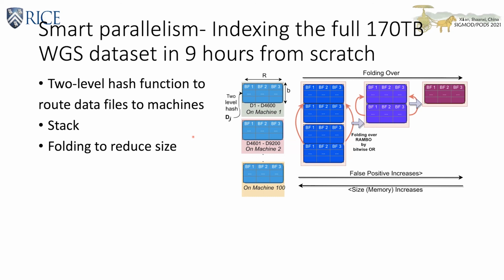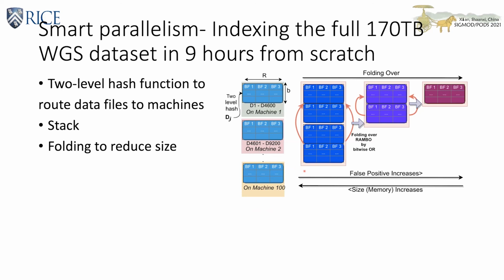Once done, Rambo can be stacked on top of each other, where the number of repetitions remains the same, but the number of partitions becomes B times 100. And accordingly, based on the requirement of false positive rate, this stacked Rambo can be folded by doing an OR operation to reduce the size of the index by a factor of half each time.